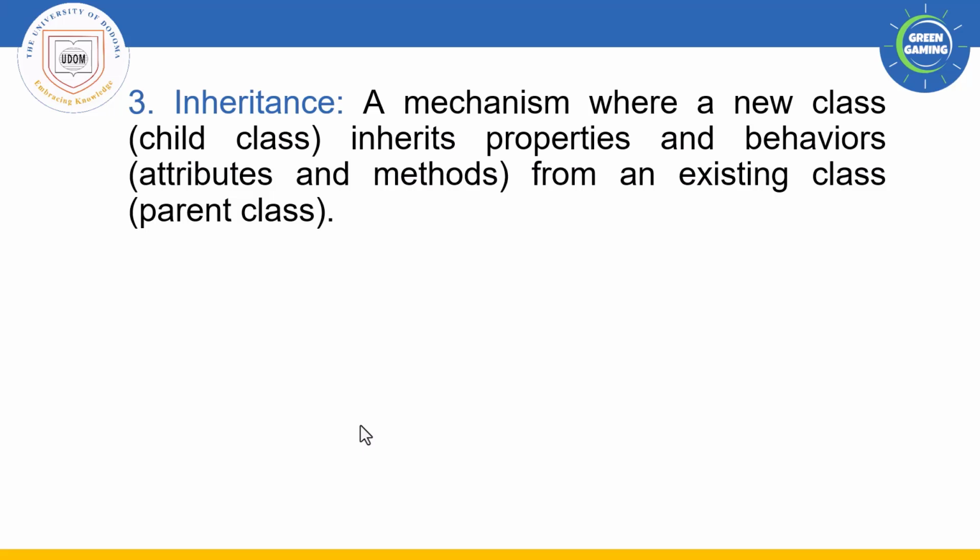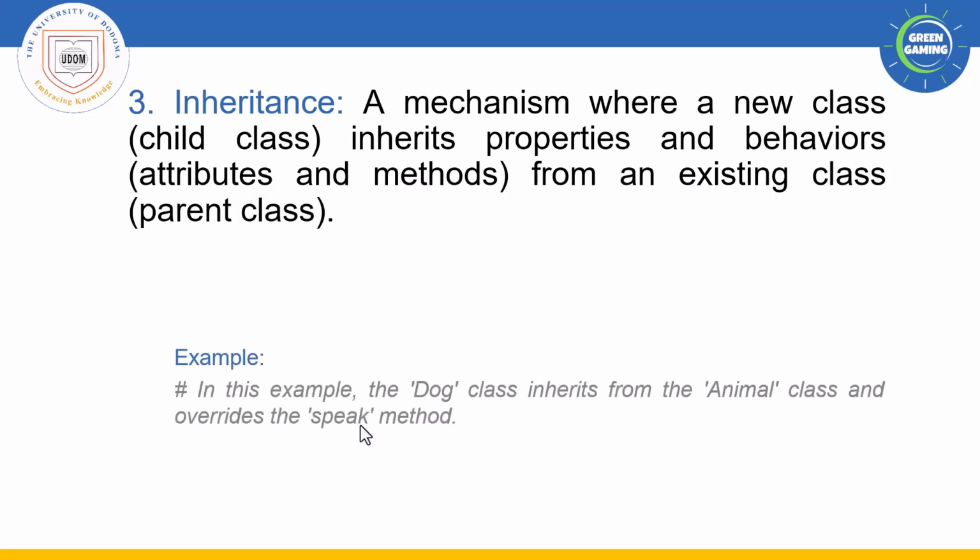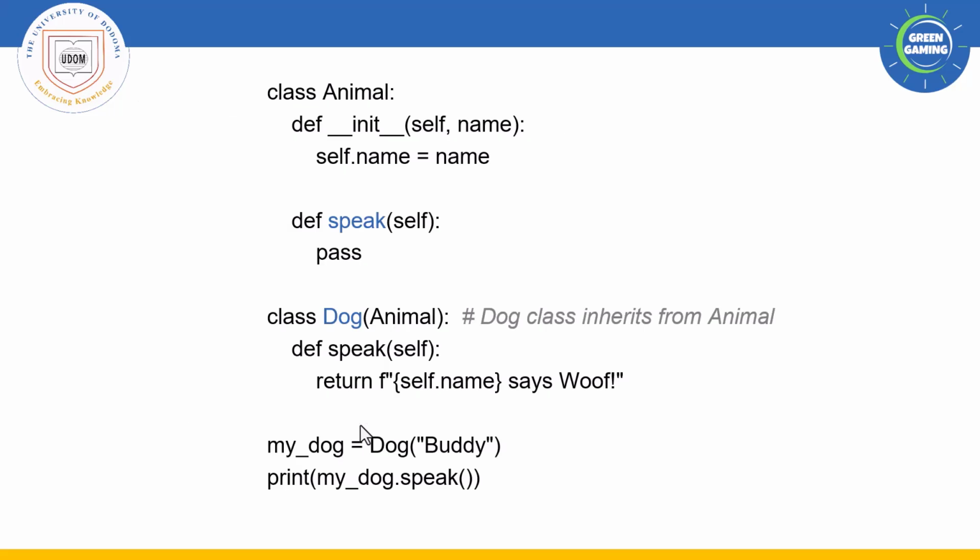It is a mechanism from which a subclass inherits some behaviors and attributes from its superclass. For instance, in this example, the Dog class inherits from the Animal class and overrides the speak method. We have a class called Animal.